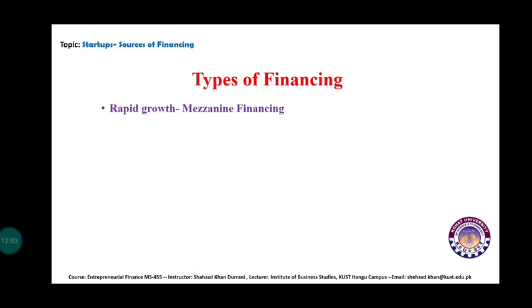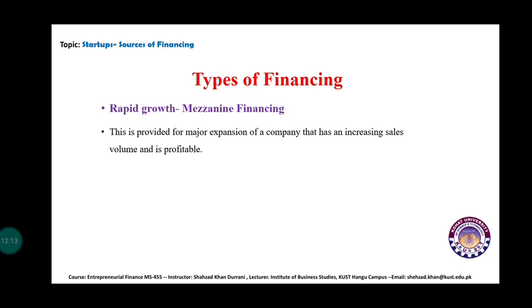Then we have the next stage that's called the rapid growth or mezzanine financing. The finance required at this stage is provided for major expansion of a company that has an increasing sales volume and is profitable, right? So here, at this stage, your business is expanding, right?